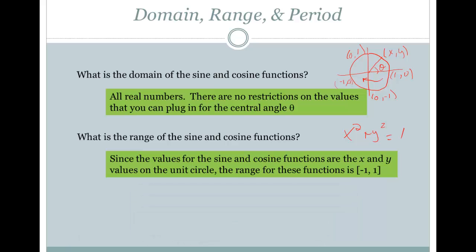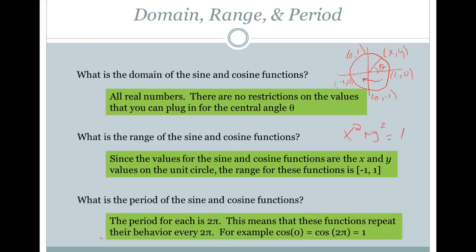Let's talk a little bit about period. Period is how often the function is going to start to repeat itself. If you think about the sine and cosine function, it's going to be every 2 pi. For example, I'm going to go through this whole cycle once between 0 and 2 pi, then I'm going to be right back to this point on my unit circle.